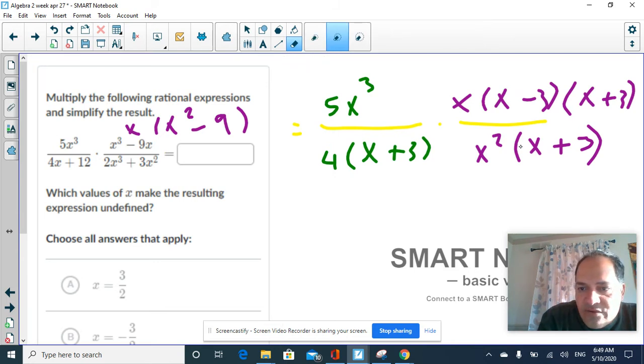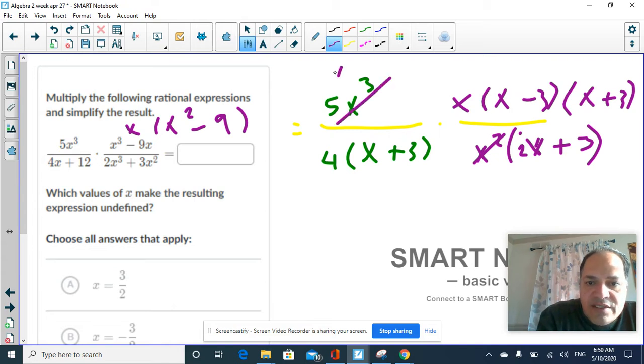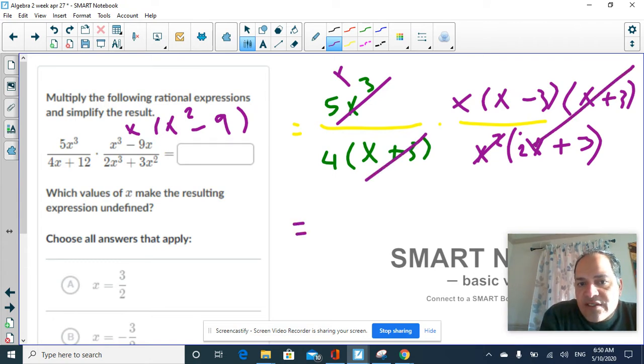So here you have to take out 2, so it's 2x here. Now, can we cancel out? Yes, we can cancel out x squared with x cubed, so you have x here. x plus 3 with x plus 3. So you have now 5x in the top times x, so it's 5x squared.